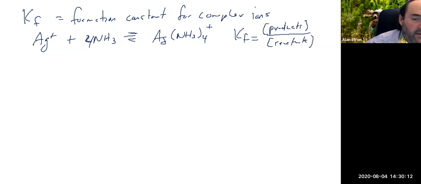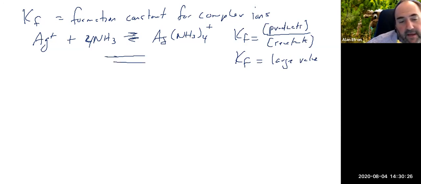And the Kf values, as we talked about, are very large values. Because they're large, even though it is a reversible reaction, we make a couple of assumptions. We assume first off that everybody's heading in the forward direction, even though it's a reversible reaction. Essentially, all of it is going to go this way.